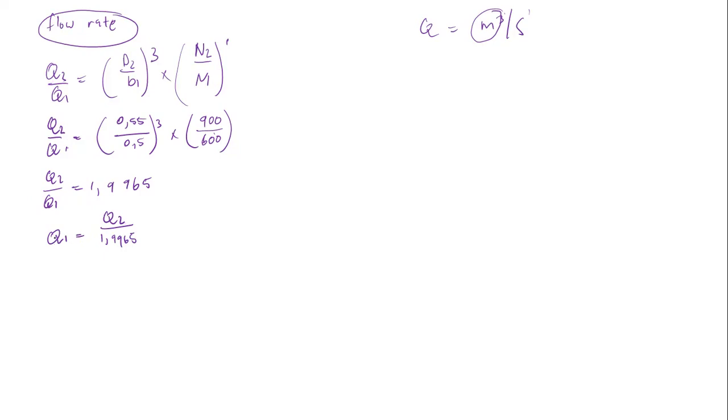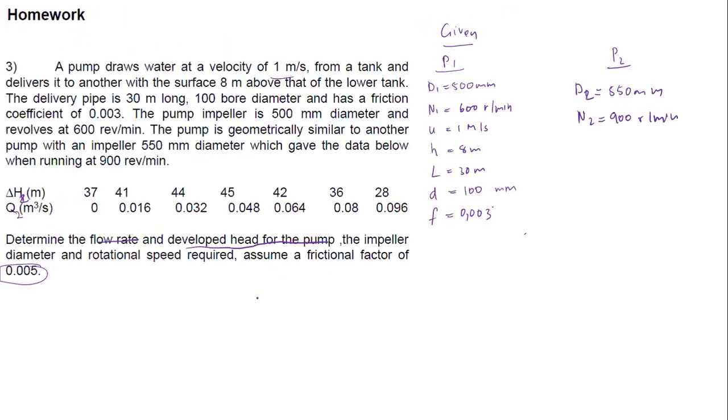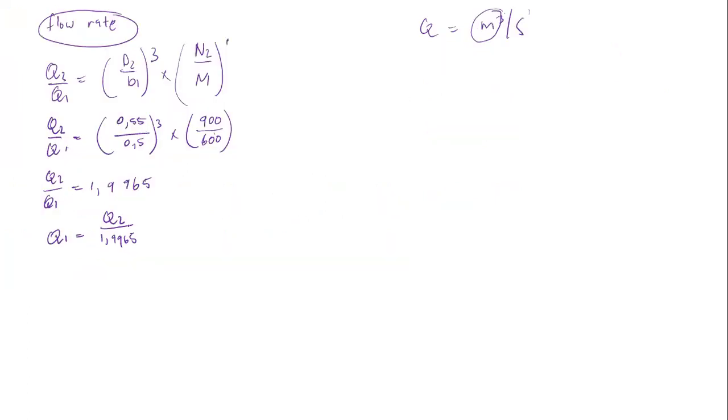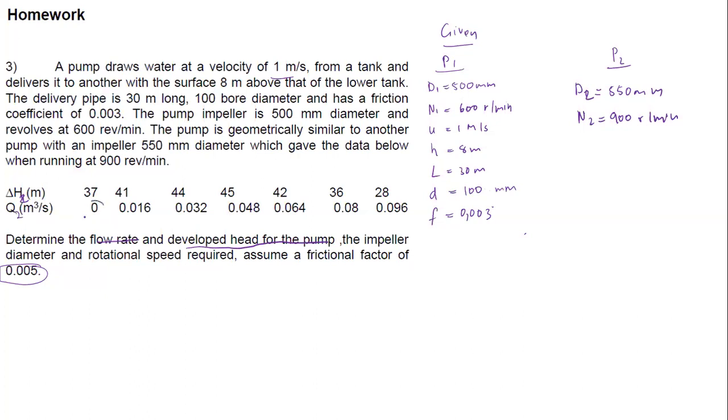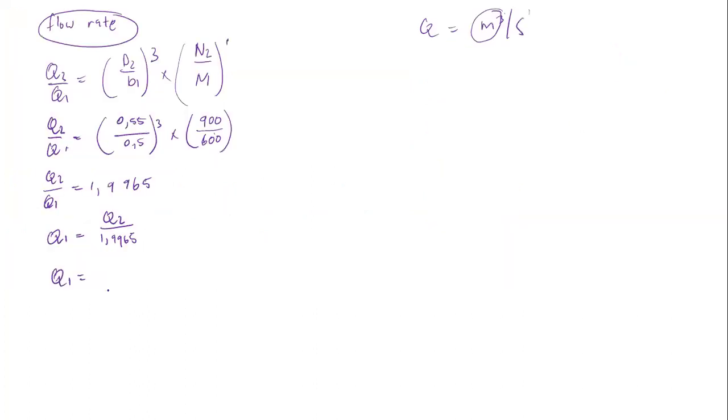Remember, in order to determine Q1, we have to use Q2. But like I said, we are given multiple values of Q2. So for each Q2 that we substitute into the equation we have just derived, we will be able to get the flow rate for Q1. To get the flow rate for Q1, I substitute 0 first, because the first value for Q2 is 0, and so I get 0.